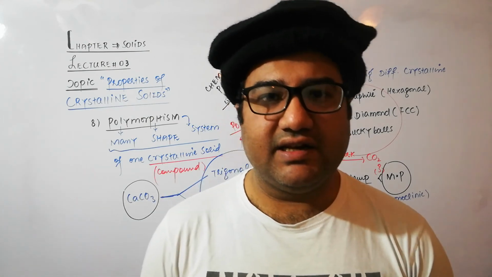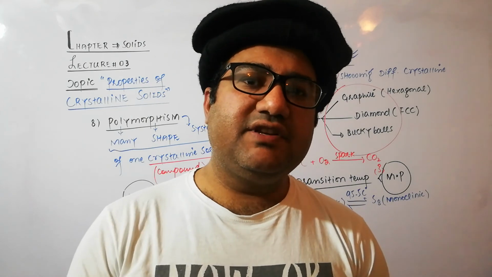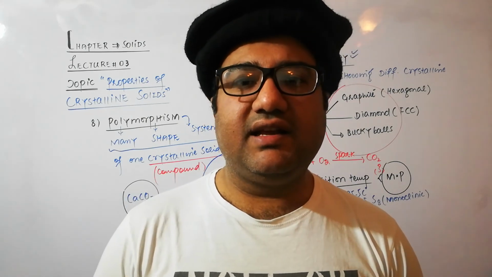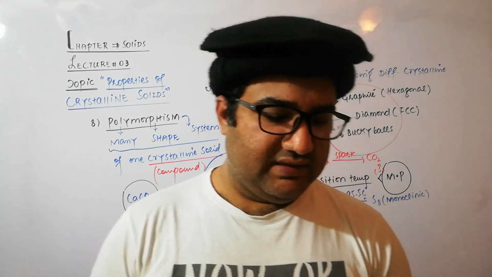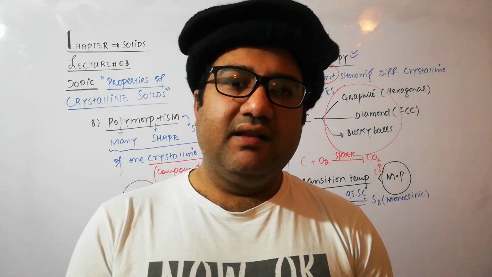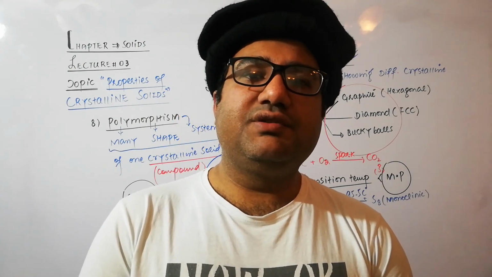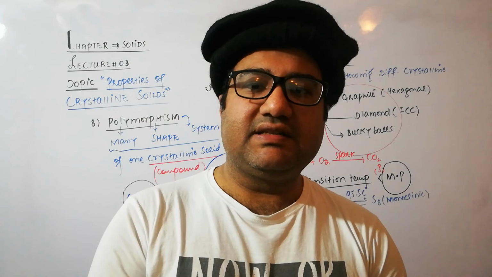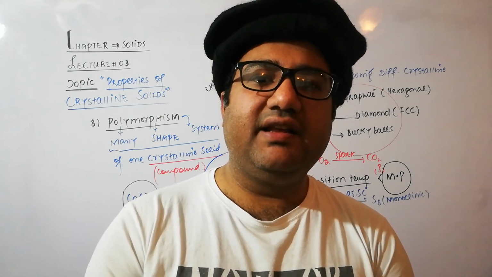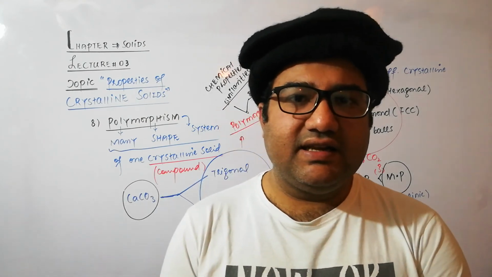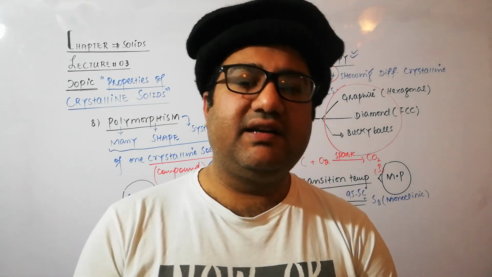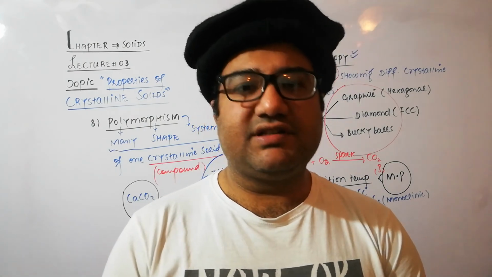This is called anisotropy, and the properties which show anisotropy are called anisotropic properties. Fifth, the shape in which the crystal grows is called the habit of the crystal. And habit can be changed by adding impurities. Like NaCl is cubic in the normal case and it is octahedral when 10% urea is added.